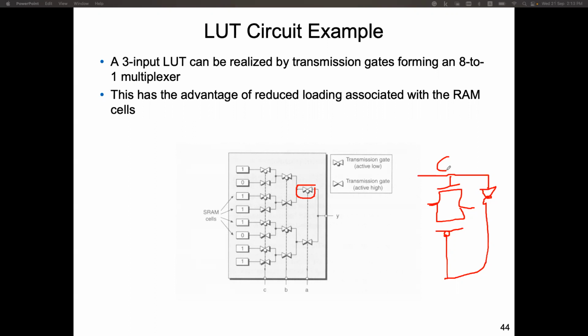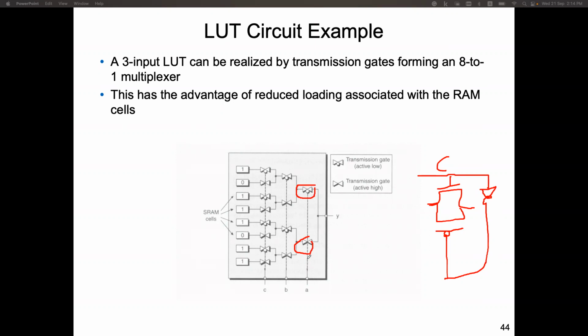If you use NMOS only, when the transistor turns on, the signal at the source cannot be greater than VDD minus the threshold voltage. That's a circuit issue. But anyway, here is just a transmission gate. This is another transmission gate, with a bubble here, meaning that the control signal is inverted.